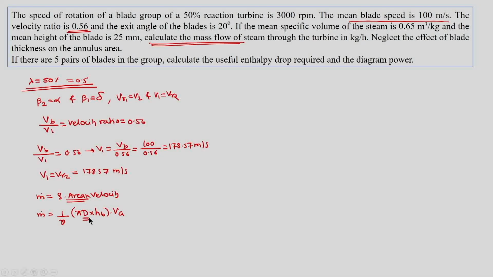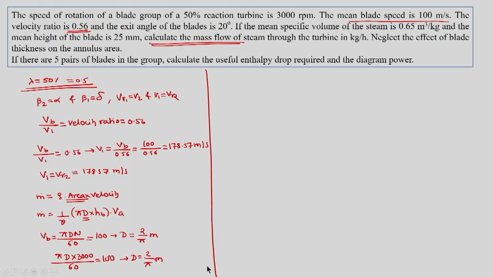So here we need the diameter, and we can find that from VB is equal to pi D n by 60, where VB is 100. Pi into D into n, with n given as 3000 divided by 60, is equal to 100. So we have D is 2 by pi meter.